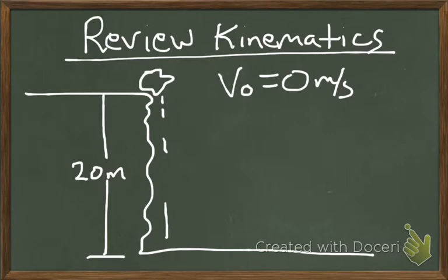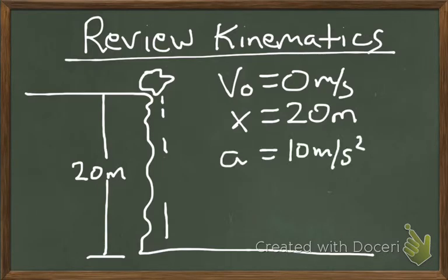So that initial velocity at the very instant it's dropped is 0. We know the distance it's going to go is 20 meters. And if this is falling through the air, we already know what the acceleration is. We know that it's 10, and it's going straight down. So key thing to remember is it's always pointing down. And the question is, what is the time?